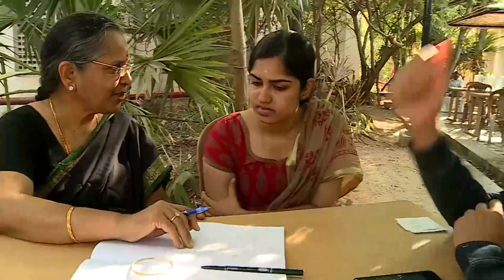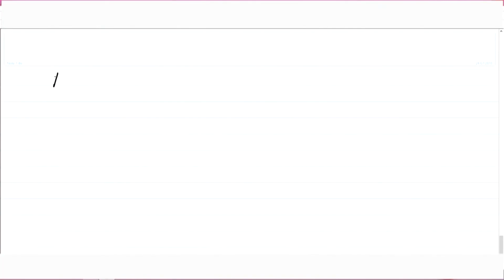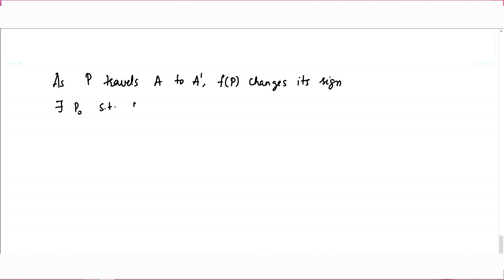Does that give you some clue? I think now I can complete the problem. As P travels from A to A dash, f of P changes its sign. And hence, there exists a point P naught such that f of P naught is equal to 0.